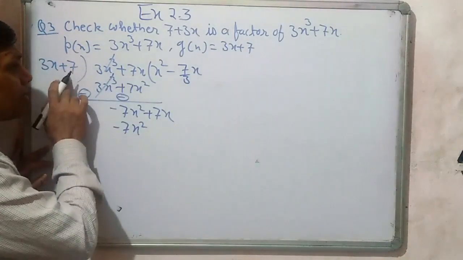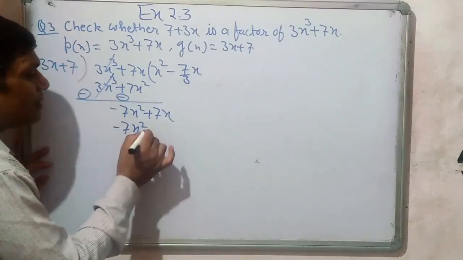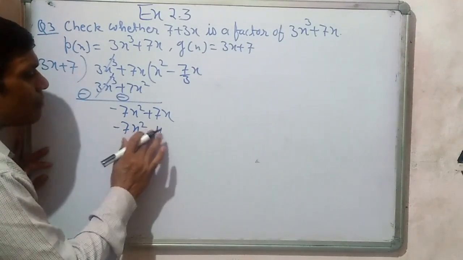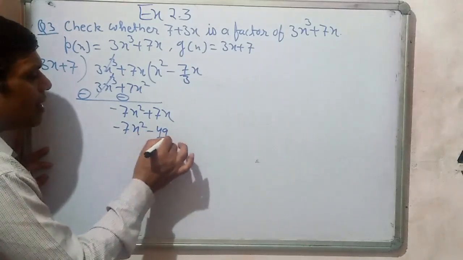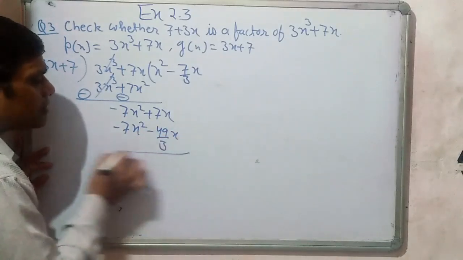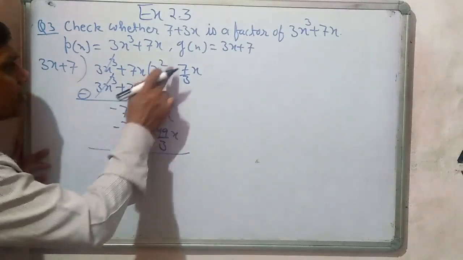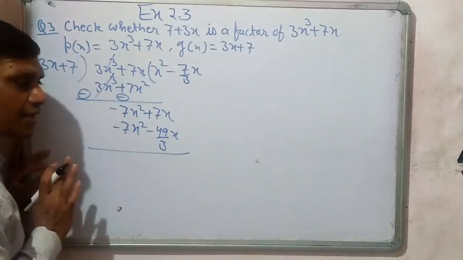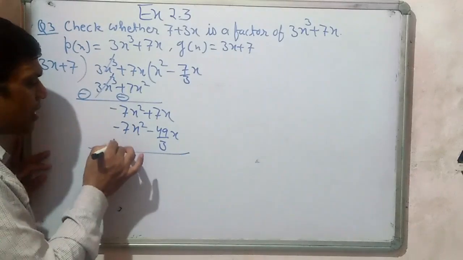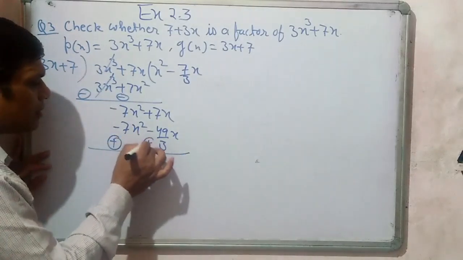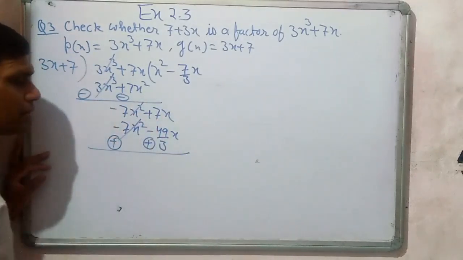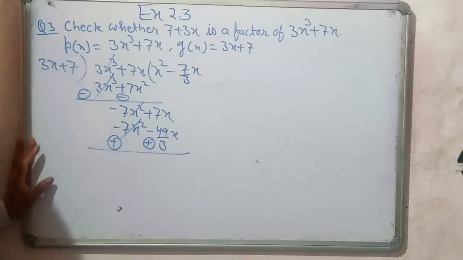Minus 7 upon 3 x into positive 7 will give us 49 upon 3 x. Why 49? 7 into 7, 7 into 7 upon 3. Change the signs. Cut the opposite sign terms.